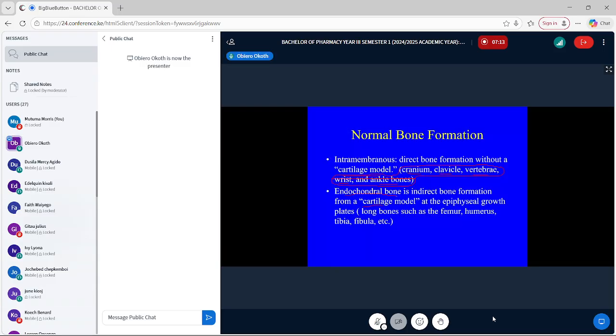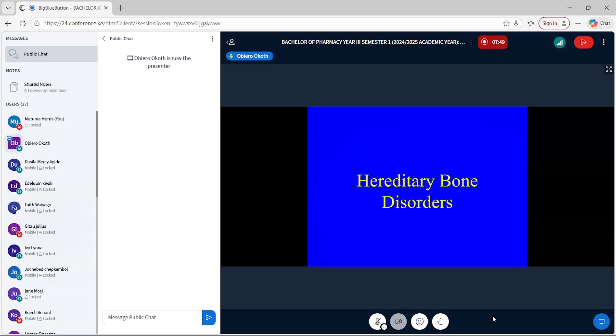That's normally what is called endochondral bone formation. This is what you see with the long bones such as the femur and the humerus, the appendicular skeleton. This one is mainly part of the axial skeleton. So this one goes through cartilage first, this one no cartilage. Intramembranous versus endochondral bone formation.